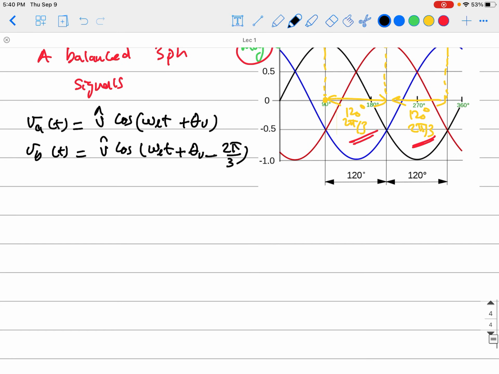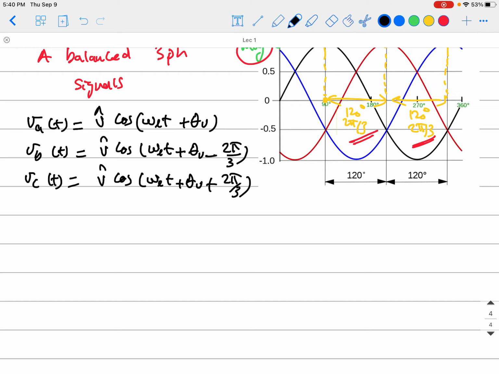And VC of t, the third one, will also be V cosine omega t plus theta V minus, or take it plus here, 2 pi over 3, sorry.